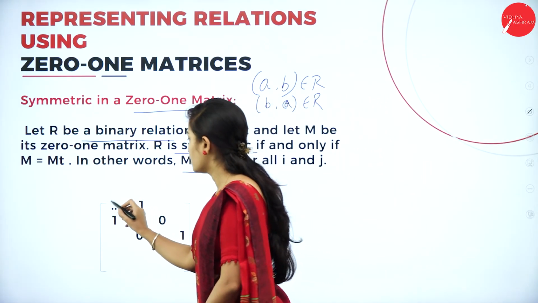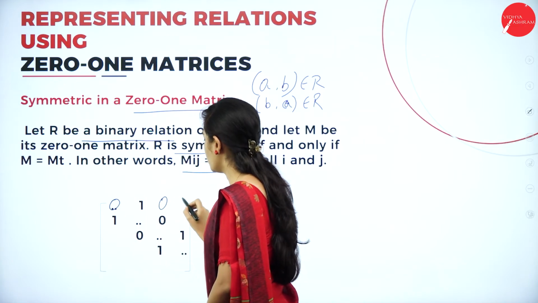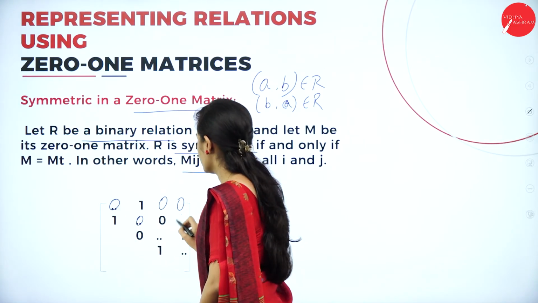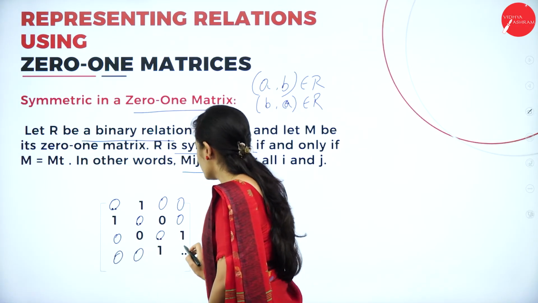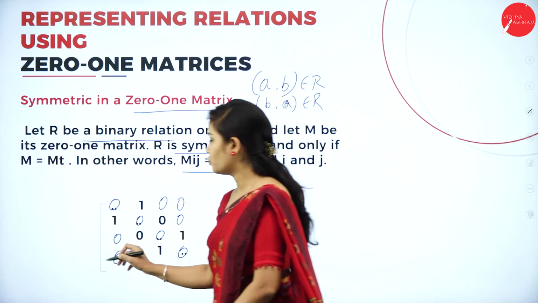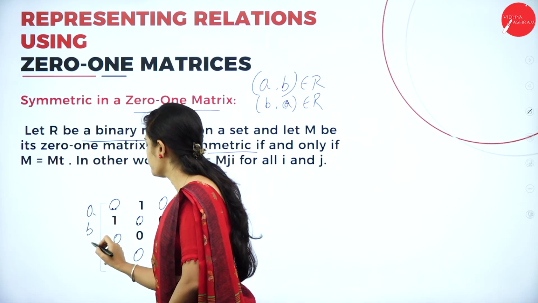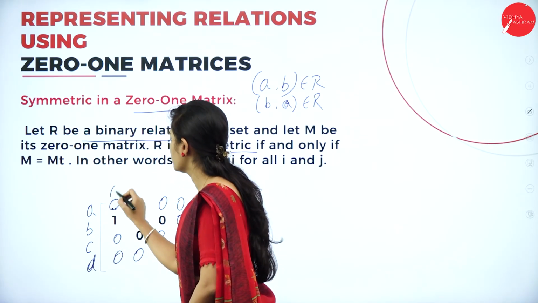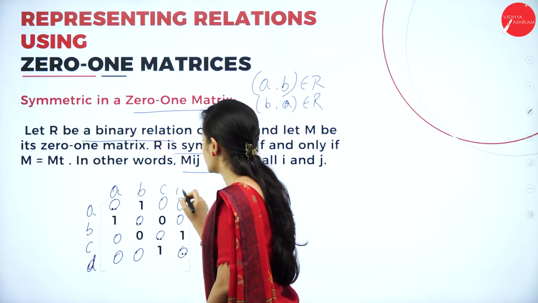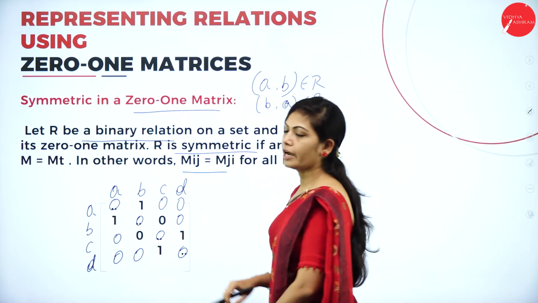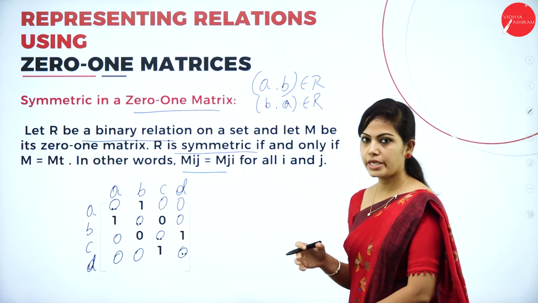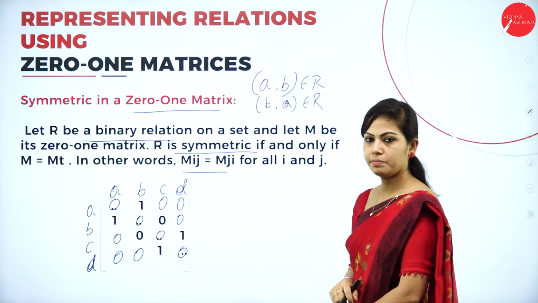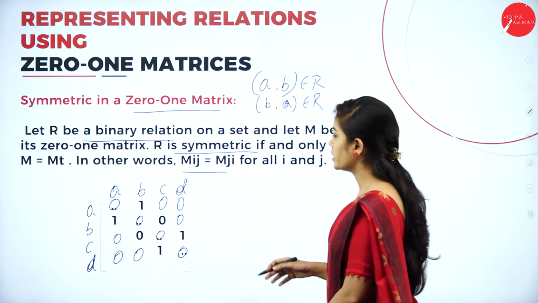So here I have 0, 0, 0, 0, 0, 0, 0. I have 4 set elements A, B, C, D, A, B, C, D. So here Mij is equal to Mji. I will find whether it is symmetric or not.